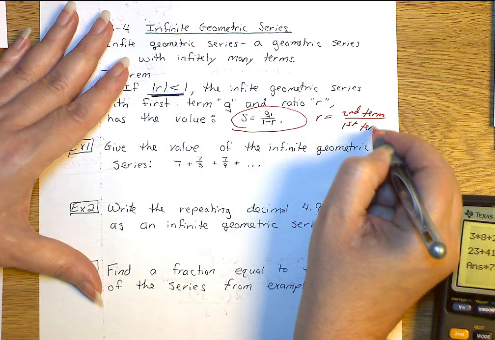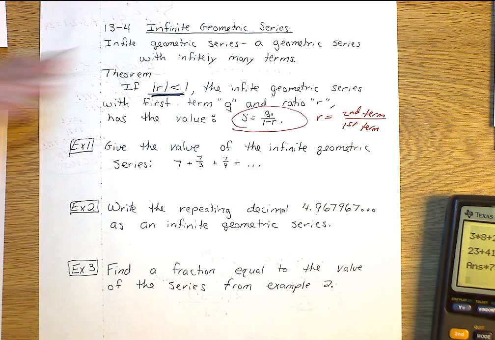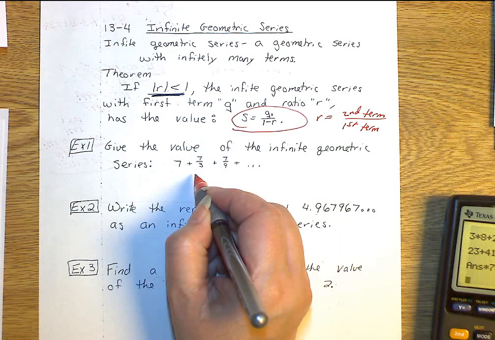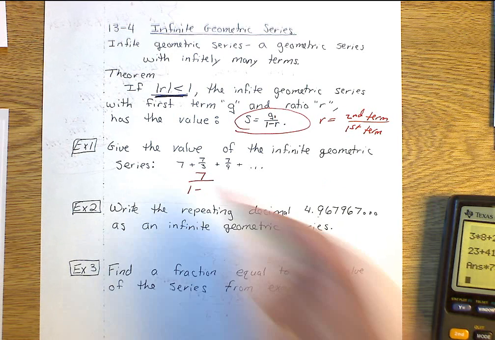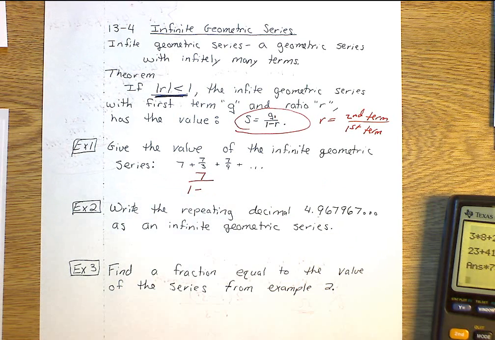Because that's how, if you ever don't know what term it is. So we have 7, then 7 thirds, and then 7 ninths, and so forth. Does everyone know what G1 is? What is G1? First term, which is 7. And then we have 1 minus R. What are they multiplying by?